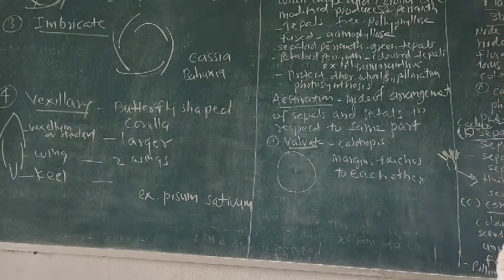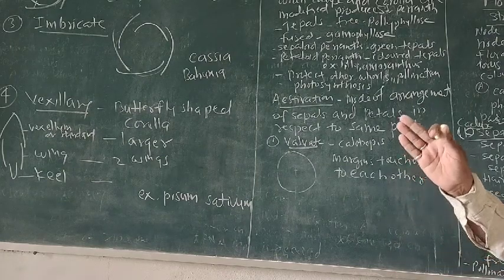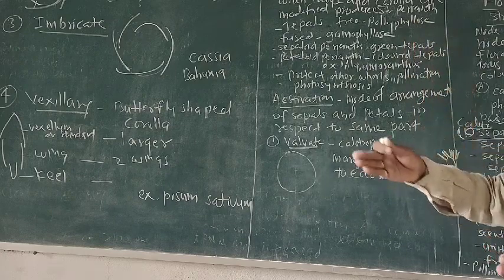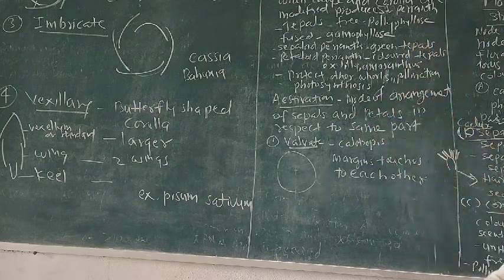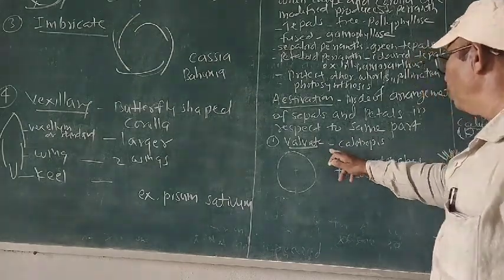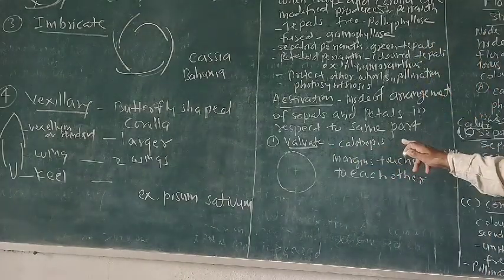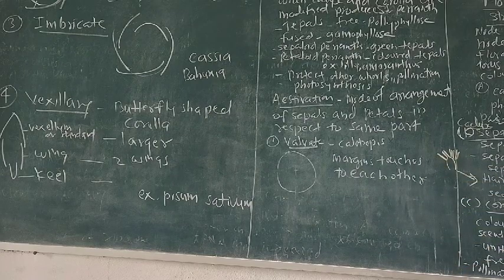Now here we can study the valvate aestivation. When the calyx and corolla make the arrangement with that similar part on the node. Here see the valvate aestivation. Example is Calotropis.